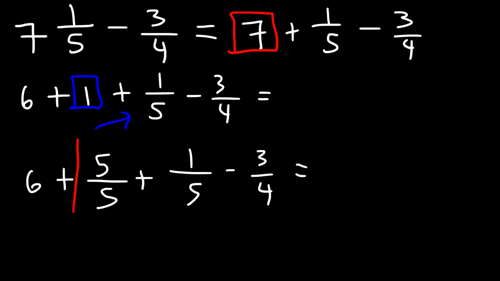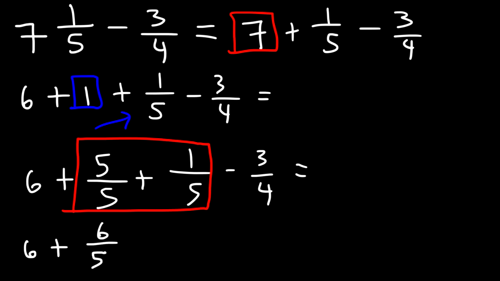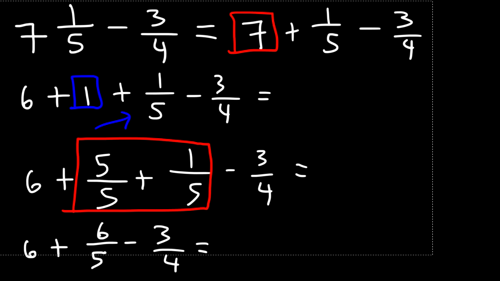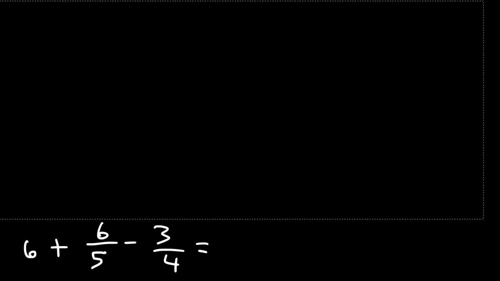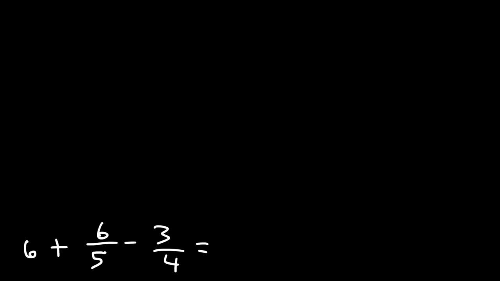And now let's go ahead and add these two fractions. 5 over 5 plus 1 over 5, that's going to be 6 over 5. So now we need to get common denominators. The common denominator between 5 and 4 is going to be 20.